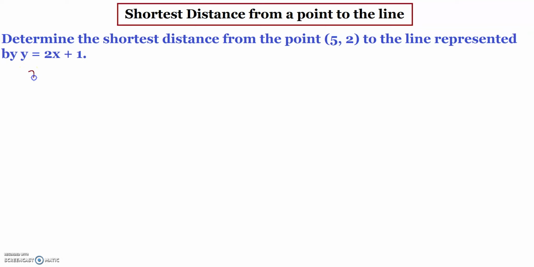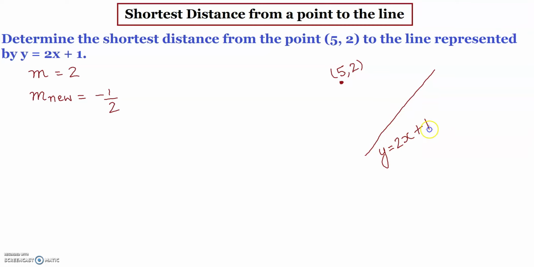The slope of this line is given as 2, and the slope of the new line is equal to negative 1 over 2, because we have a point given, which is (5, 2), and the equation of a line given, so we can draw a line which is y equals 2x plus 1.